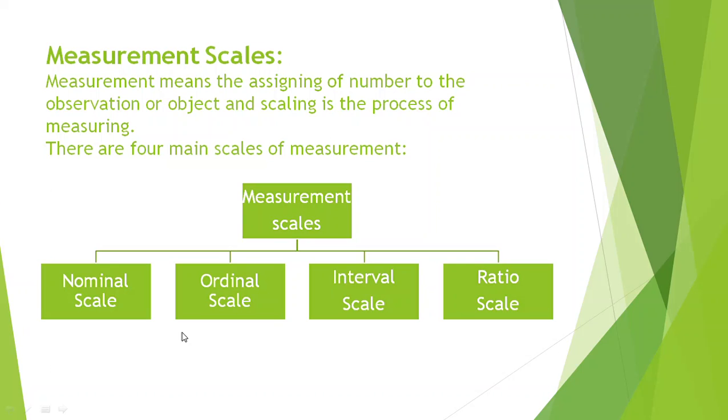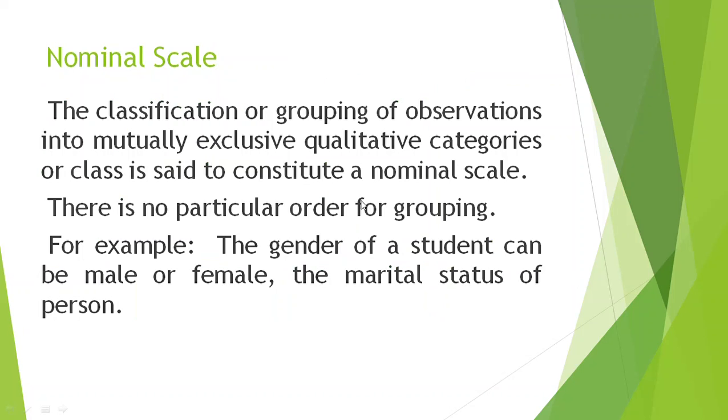The first is the nominal scale, then the ordinal scale, interval scale, and ratio scale. So the nominal scale: the classification or grouping of observations into mutually exclusive qualitative categories or classes is said to constitute a nominal scale.